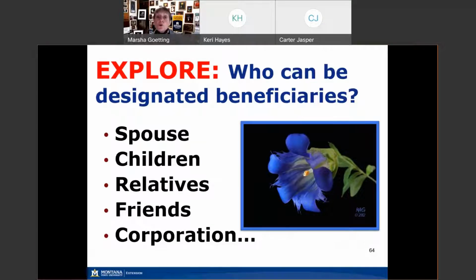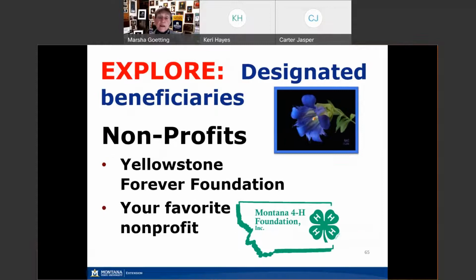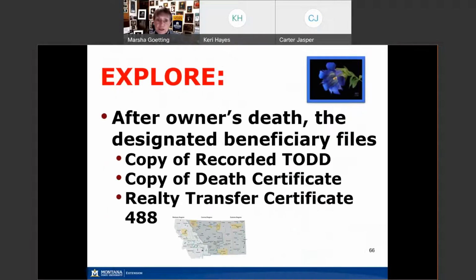So who can you decide that you want to be your beneficiaries? Spouse, children, relatives, friends, corporations, and of course your nonprofit. So you could name the Yellowstone Forever Foundation, okay, or my favorite nonprofit at the moment, the Montana 4-H Foundation.